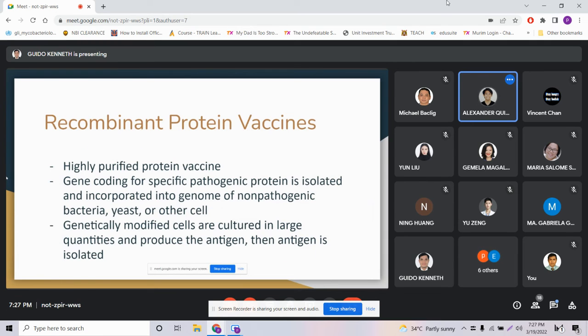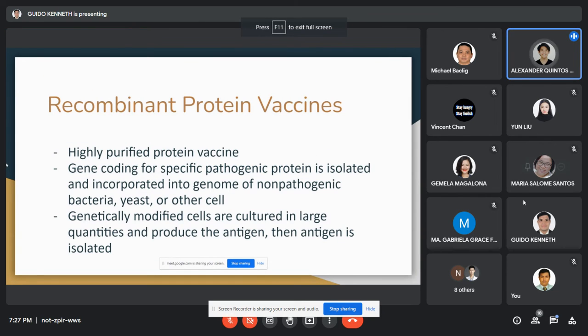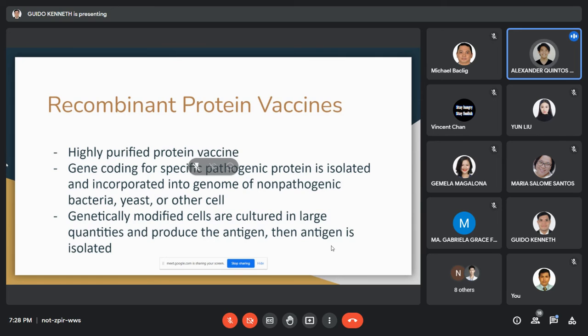So next slide, please. Now we move on to recombinant protein vaccines, which are highly purified protein vaccines that use recombinant DNA technology.